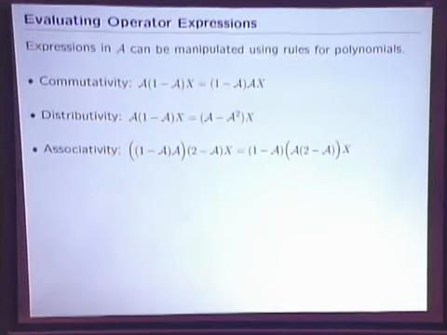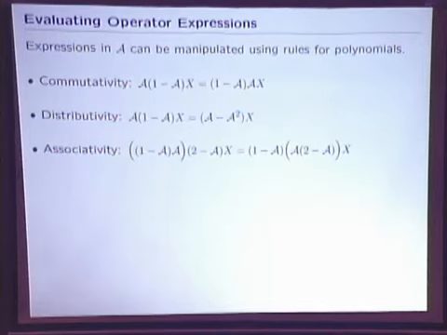And in particular, here are 3 statements that have to be true if the operator expressions were supposed to behave like polynomials. Polynomials in A should commute. Polynomials should have the distributive property, multiplication over addition.